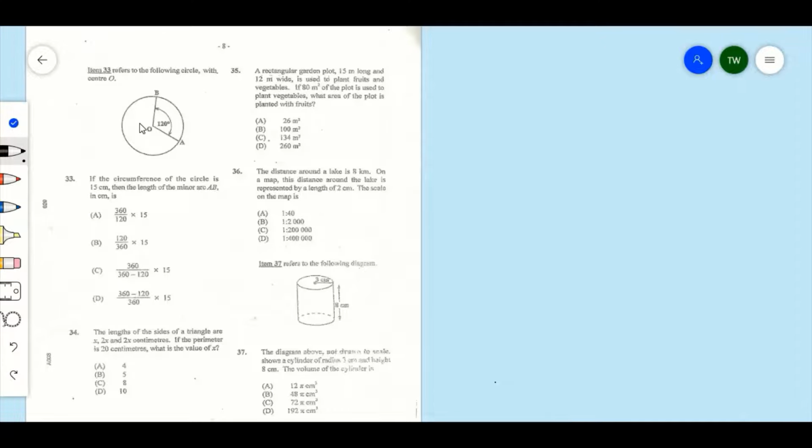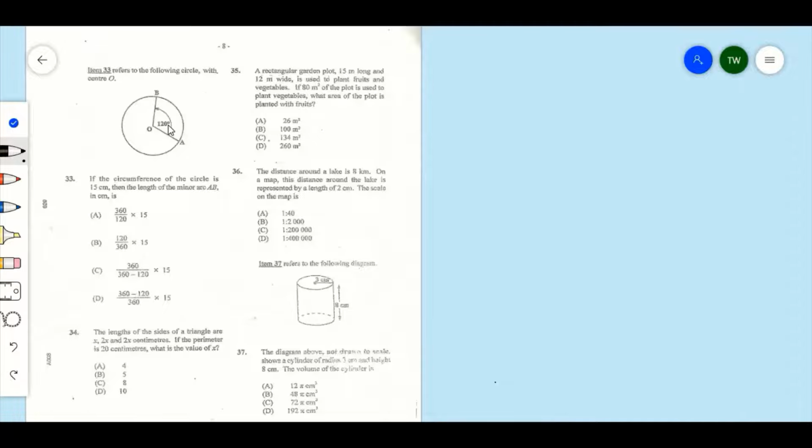Question number 33. Item 33 refers to the following circle with center O. If the circumference of the circle is 15 centimeters, then the length of the minor arc AB in centimeters is... So here this is the minor arc, which has 120 degrees, right?